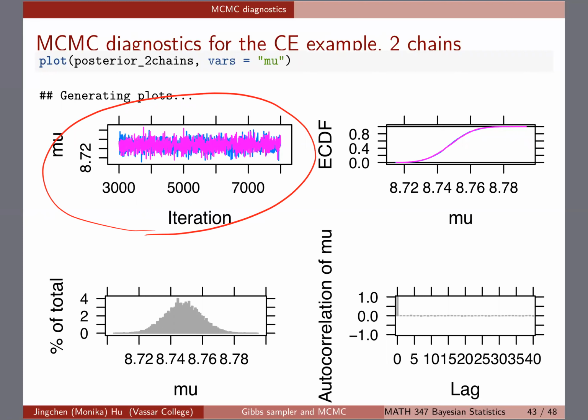This is another demonstration of how well the mixing is doing, because the 2 are really similar, exploring a similar region, but they start at different values. Starting from the 3001 iteration, you can see how well they're exploring the space. So running multiple chains to make sure that it's convergent is also a good practice to do.